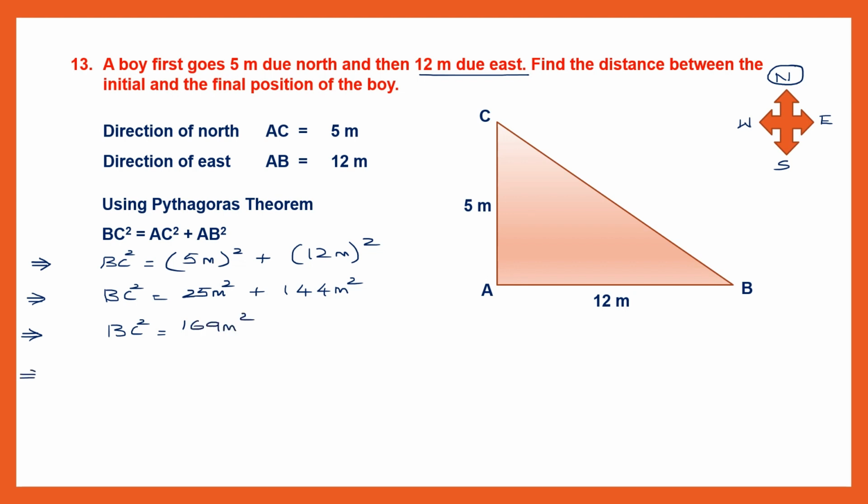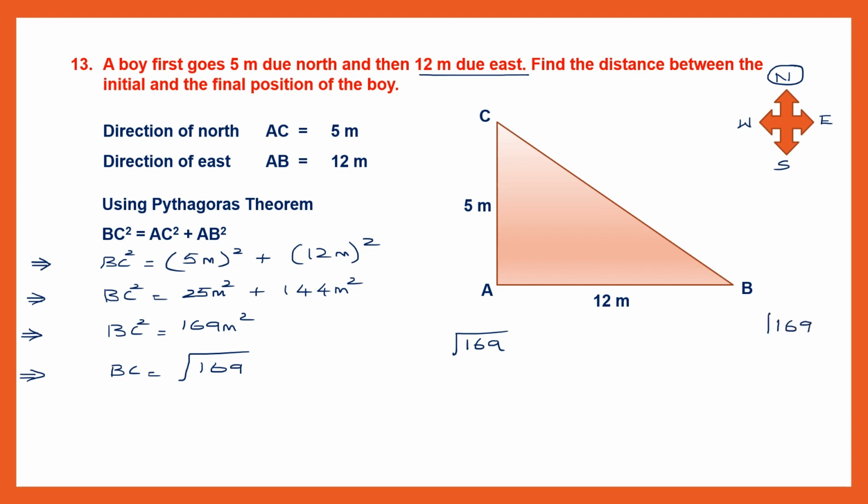So now to find the value of BC, we say the square root of 169. So what is the number that multiplies to give us 169? Let's find out by the prime factor method. So we're going to find the square root of 169 by the prime factor method.